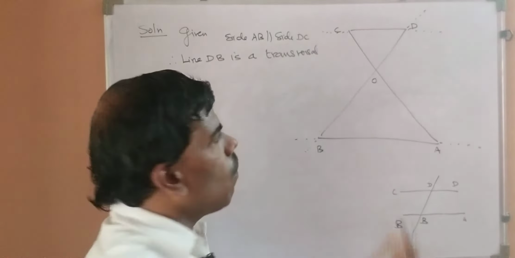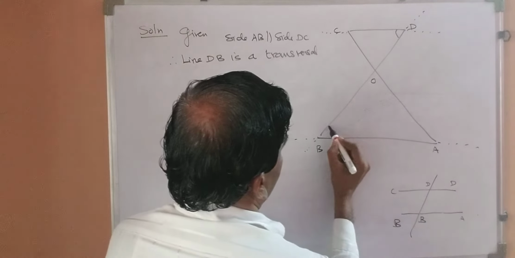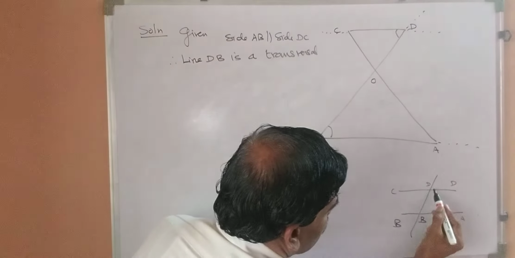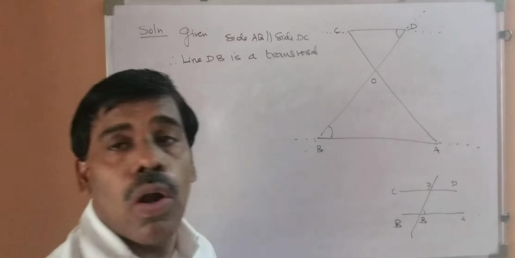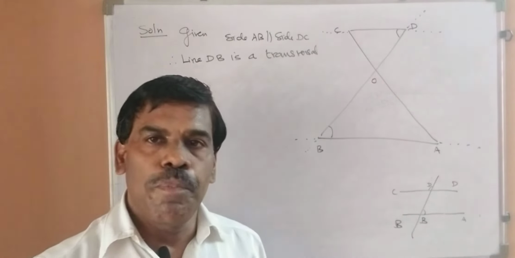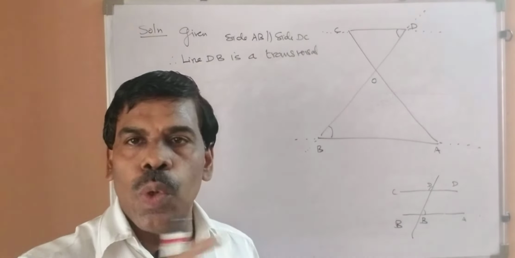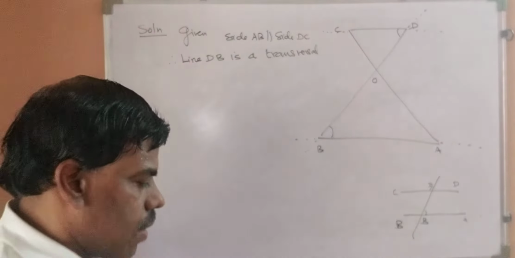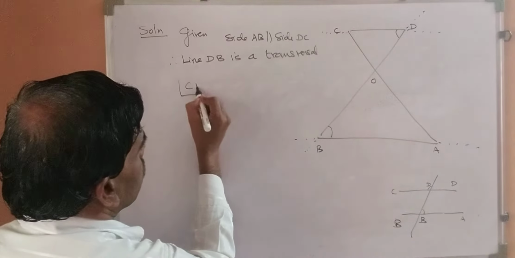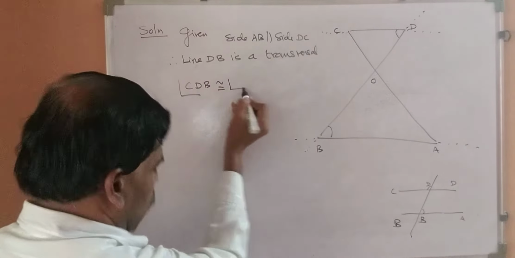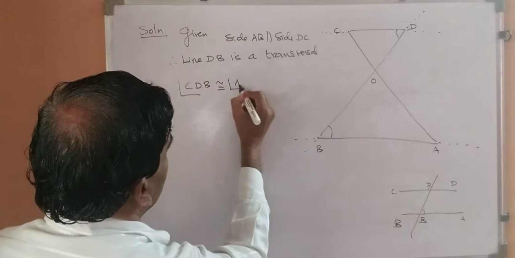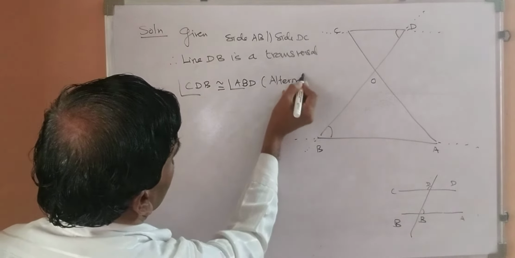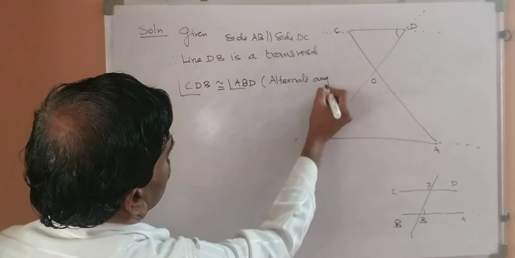Now, what happened to this angle and this angle? Which angles are they? They are alternate angles. If a transversal intersects two parallel lines, then the alternate angles are congruent. Therefore, angle CDB is congruent to angle ABD. Reason is alternate angles.